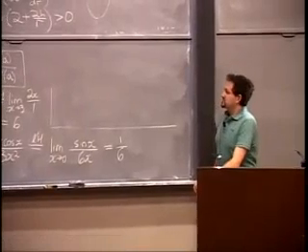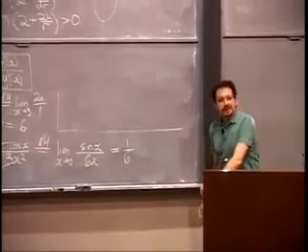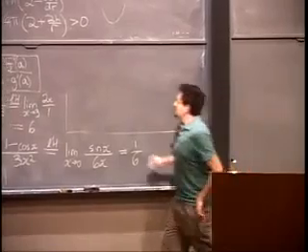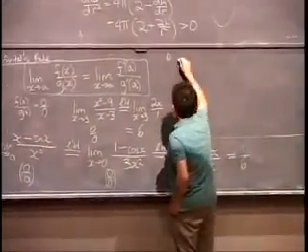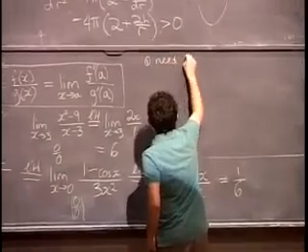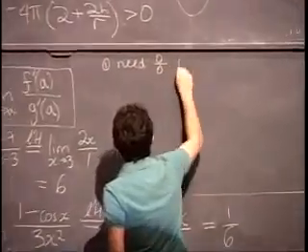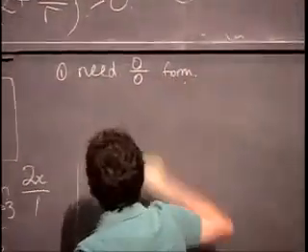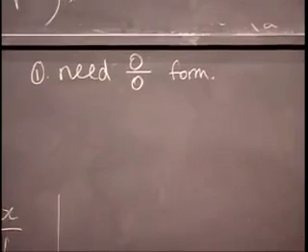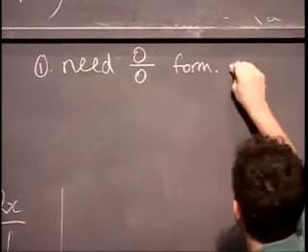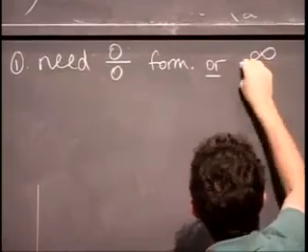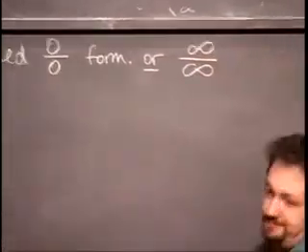What I want to do is come back to this statement of L'Hopital's rule and elaborate on it a little bit. The first point is that you need a 0 over 0 form. Although in a few minutes I will show you an example where another possibility, which also works, is you can have infinity over infinity.